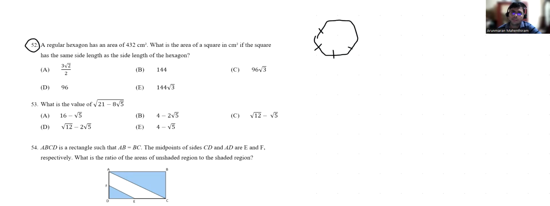This area is given. So we know that the area of the hexagon is given by, I label area as A, 3 root 3 by 2 into a square.